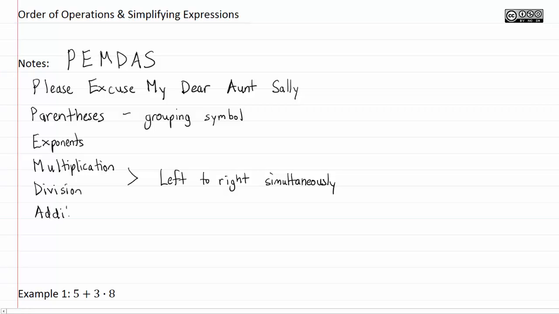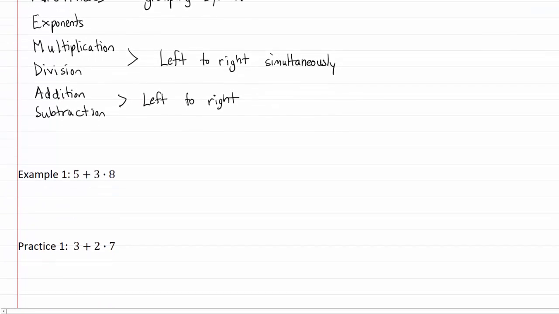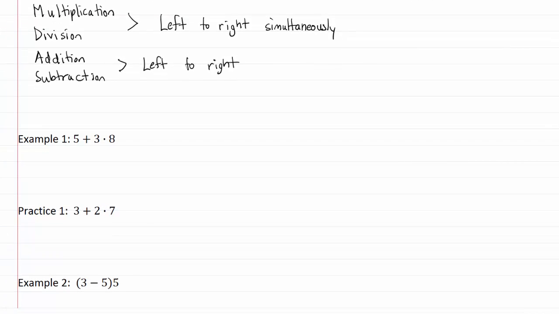The A in Aunt is for addition, and the Sally is for subtraction. And these we also do left to right. So this is the order we're going to tackle all of our operations in. We read our math expressions from left to right, and we simplify each as we go.